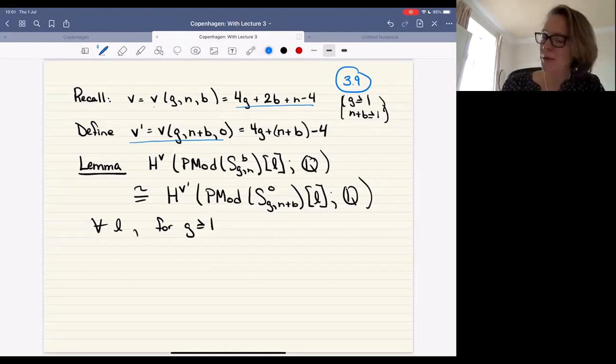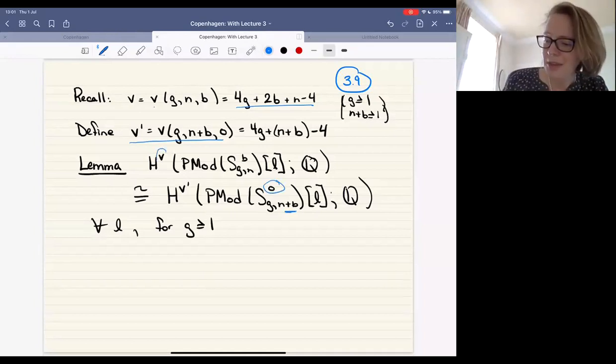And so our first lemma is that if I take the top homology for the first group, the mapping class group for S_{g,b}, I actually get something isomorphic to the top homology for S_{g,n+b}, with n plus b marked points and no boundary components.